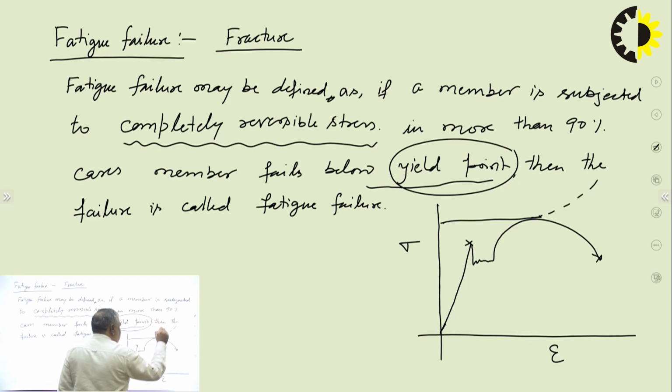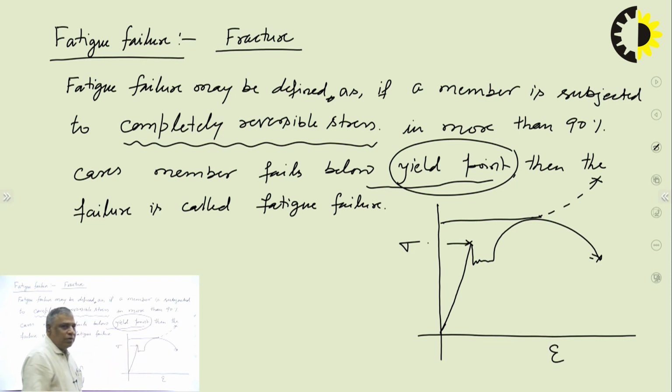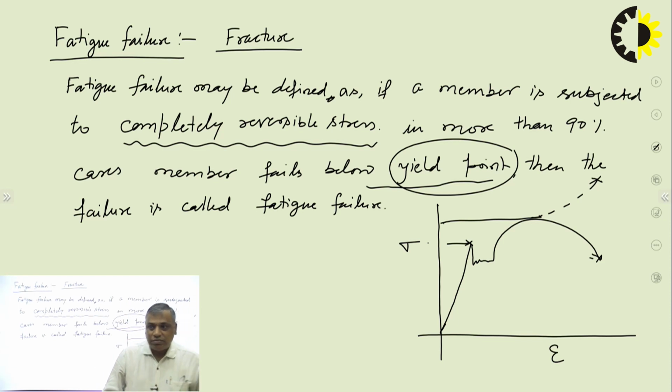This is necking, so the reading we will get is somewhat lower, but it in fact fails here, right? This is the yield point. So no material should fail before yielding, right?